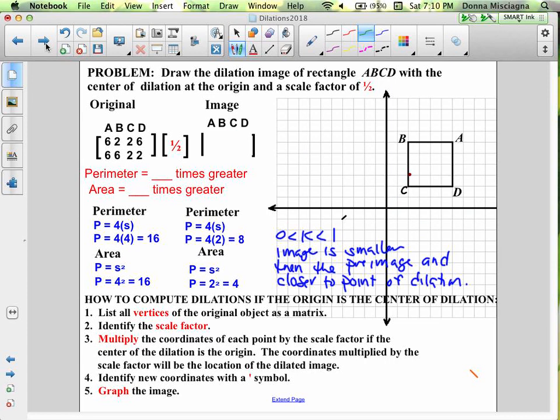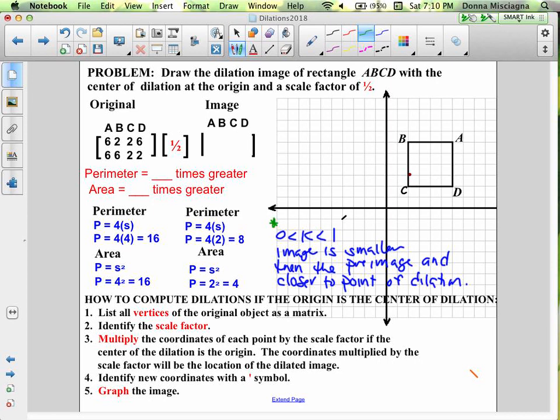All right, so notice, I think this is in your notes as well. Our scale factor is between 0 and 1. The image is going to be smaller than the pre-image and closer to the point of dilation. To find where our figure is located, we already listed all the vertices, and we already identified the scale factor.